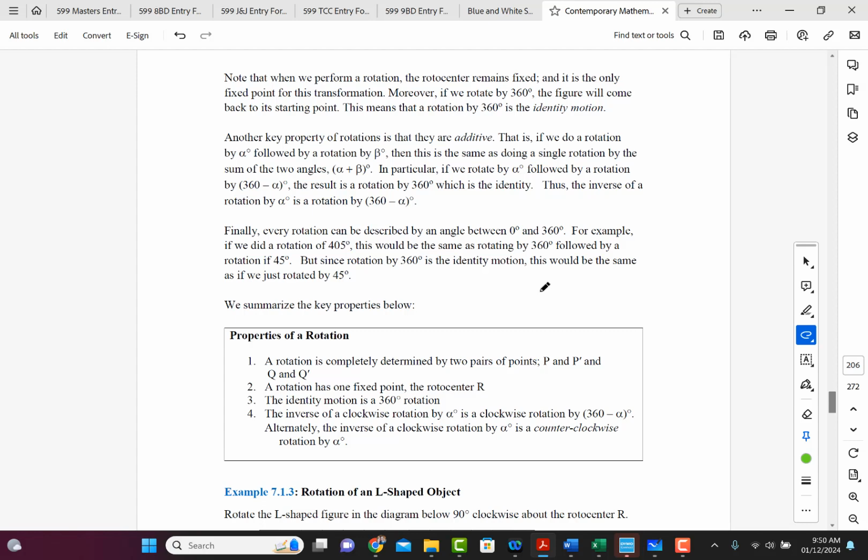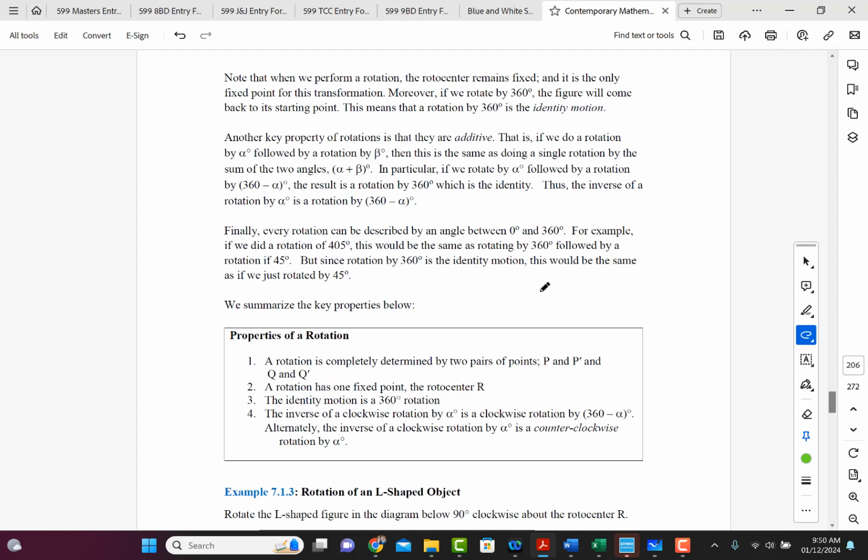Thus, the inverse of a rotation by alpha degrees is going to be a rotation of 360 minus alpha, which gives us the remaining amount of rotation needed to go back to where we originally started. Finally, every rotation can be described by an angle between 0 and 360 degrees.